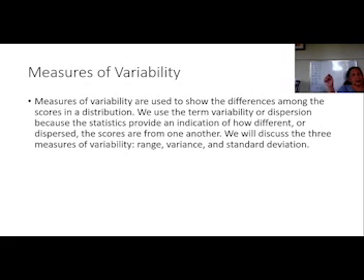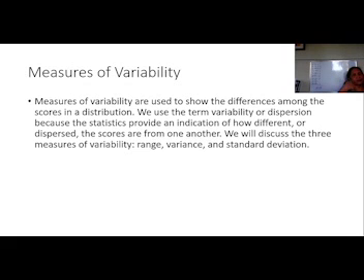Okay. The roughest measure of variability is the range. What is it? It's simply the difference between the highest score and the lowest score. The highest is 95, the lowest is 40.